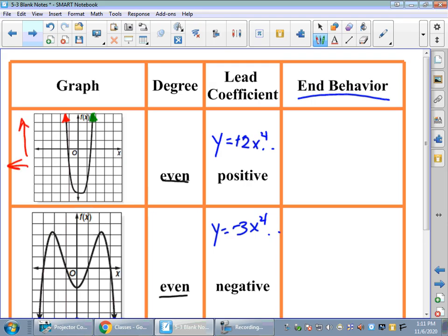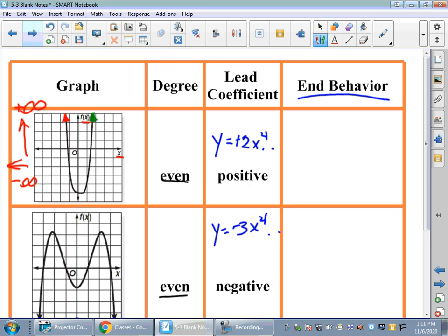And so we just get a little crazy with it because we're math people and that's how we talk. So instead of saying up and to the left, we're saying that the graph f of x is approaching positive infinity, and the x value is approaching negative infinity. So when you think about an ordered pair, the x coordinate is approaching negative infinity as the y coordinate is getting larger and approaching positive infinity.